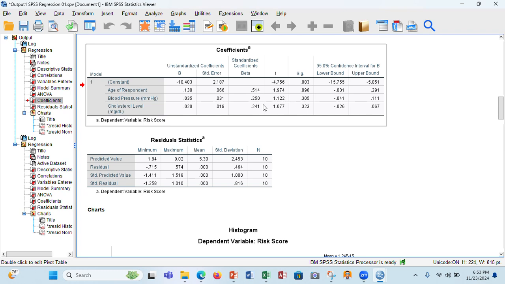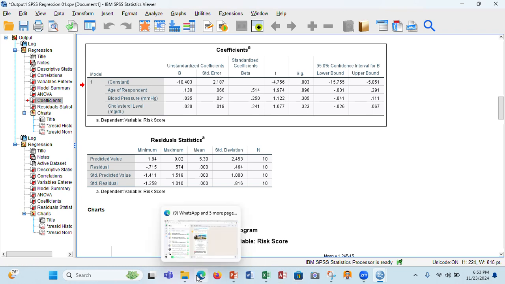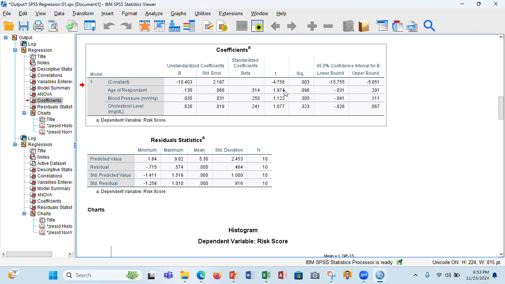We can also see here our t-values. Interpreting our t-values, we shall set another session and another tutorial, where we shall base on the t-tables to interpret the t-values using the degrees of freedom.